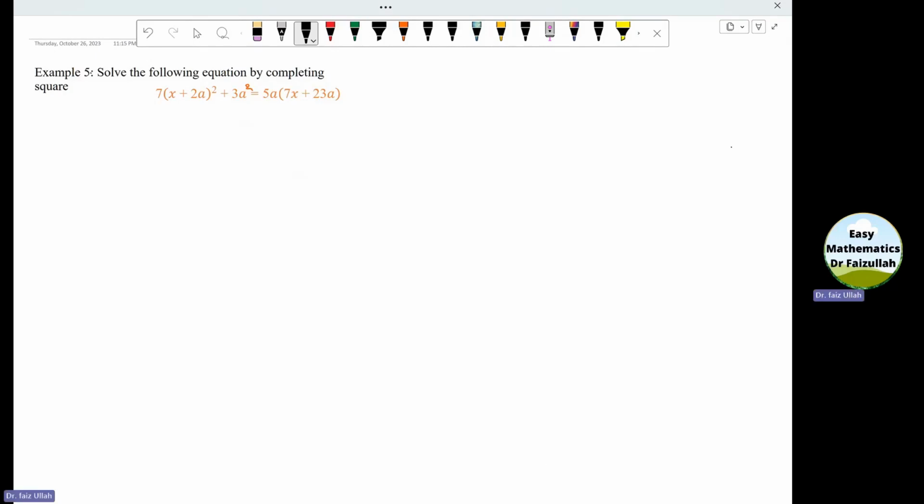To solve this equation, let us reduce it to the standard quadratic form.